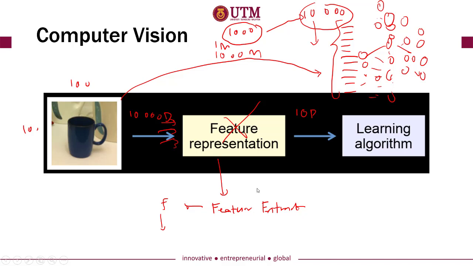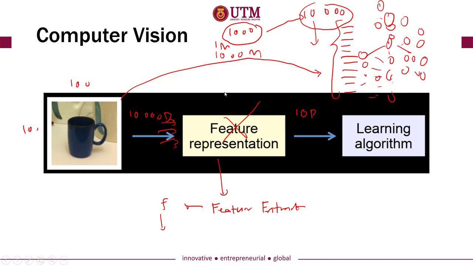Normally people, for example in computer vision, will not emphasize on this one, because they just implement whatever artificial intelligence or machine learning approach is available, the conventional machine learning approaches. But they put more emphasis on finding the new formula in this part, which can provide a good feature, because if you fit a good feature into the machine learning, for sure it will give you good performance of the system.